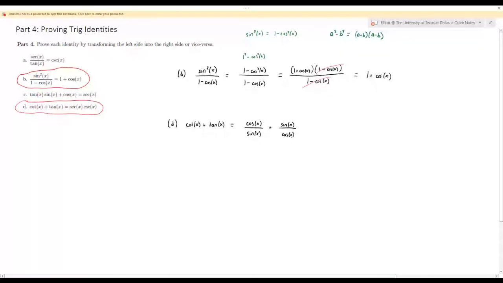Now from here, I think what we should do is get a common denominator and put it all into a single fraction. That will be useful because right now we have 2 terms being added, but in the end we don't want to have 2 terms being added. So we should try to combine these by getting a common denominator.